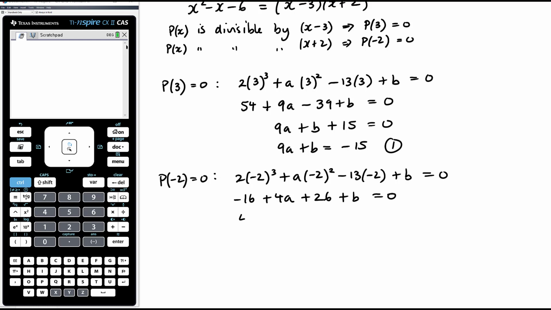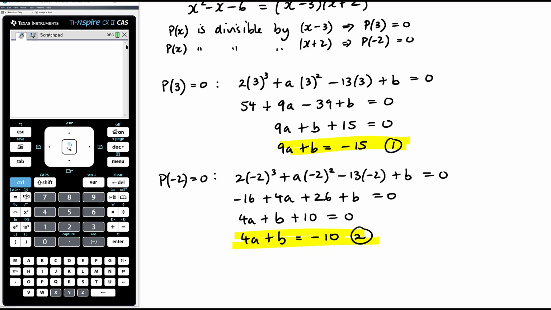So we've got 4a plus b, negative 16 plus 26 is 10, and so 4a plus b equals negative 10, equation 2.